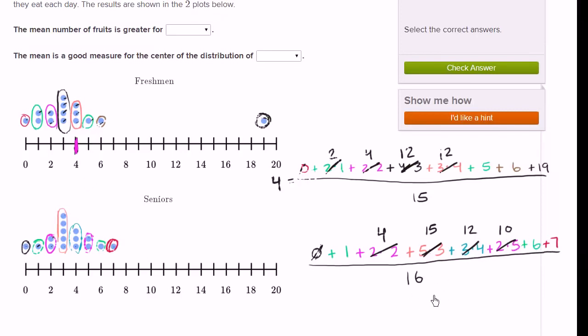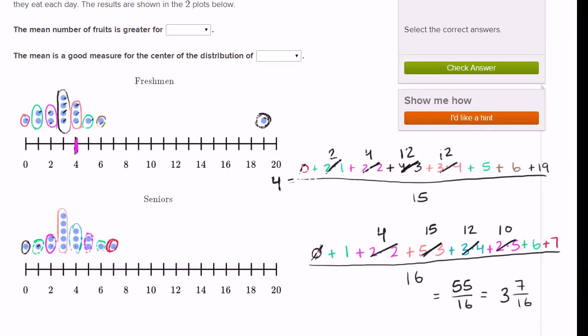So this is equal to 55 over 16, which is the same thing as 3. And 3 times 16 is 48. So 3 and 7 sixteenths.